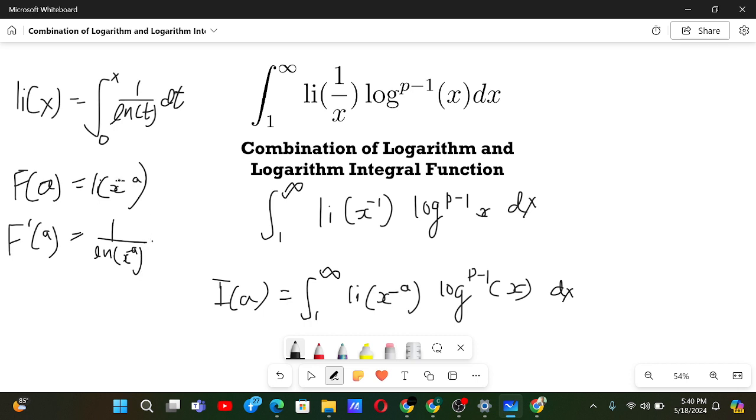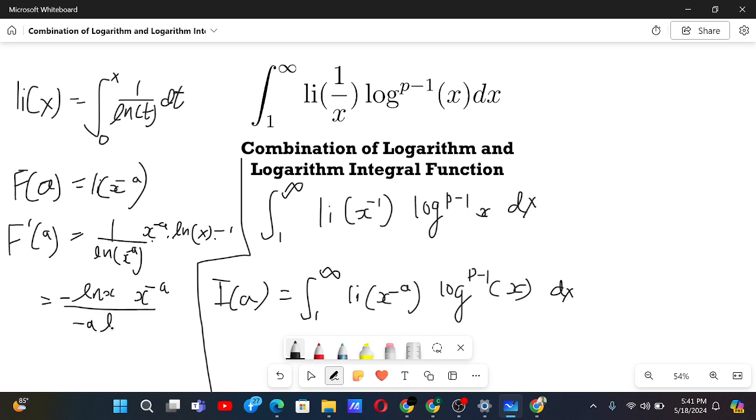And then the derivative of x to the power minus a, which will be x to the power minus a times ln of x, and then the derivative of minus a is minus 1. So this is minus ln of x to the power minus a by minus a ln of x. And these two cancel out, minus minus cancel out, and we finally have x to the power minus a by a.